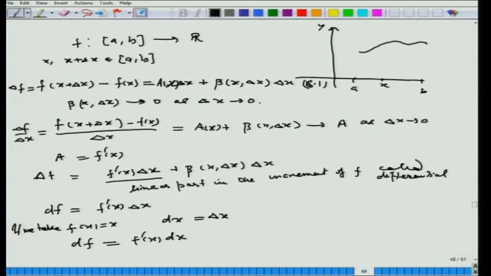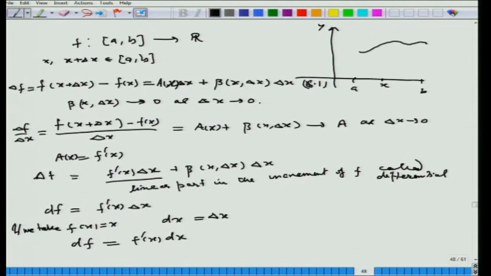So, 6.1 holds if and only if f is differentiable, and we can see that this a actually has to be f prime x. This a, of course a function of x, is the derivative of f at x, which can be seen by dividing 6.1 by delta x and letting delta x tend to 0.